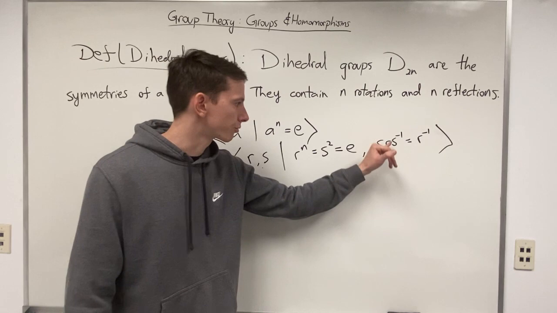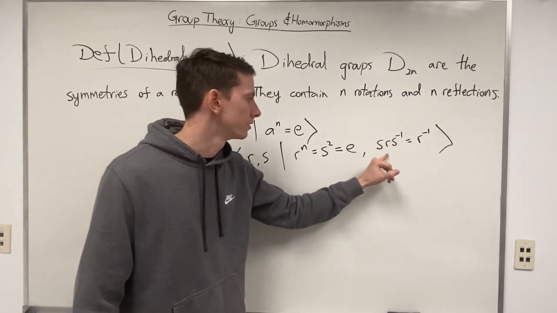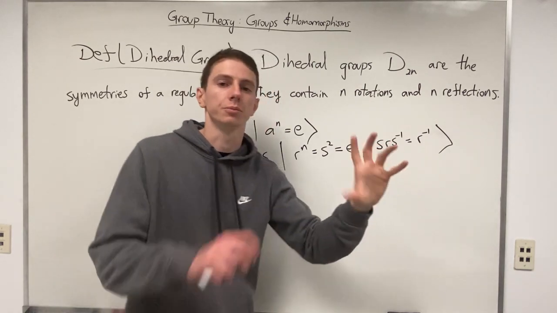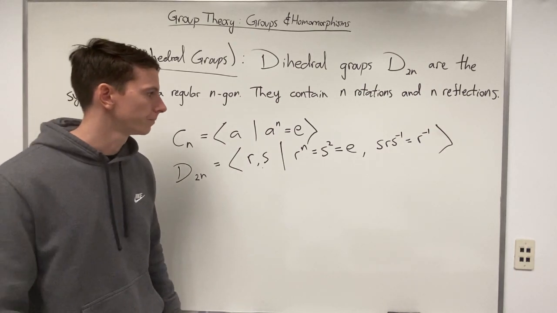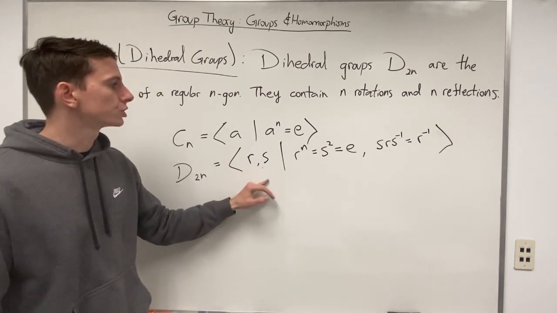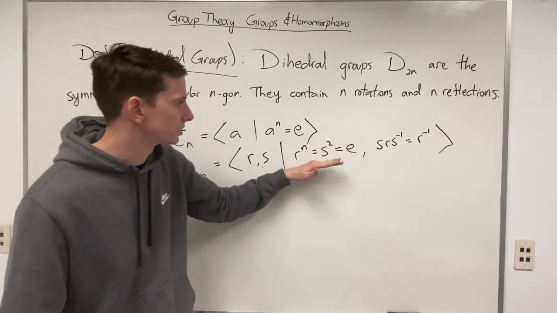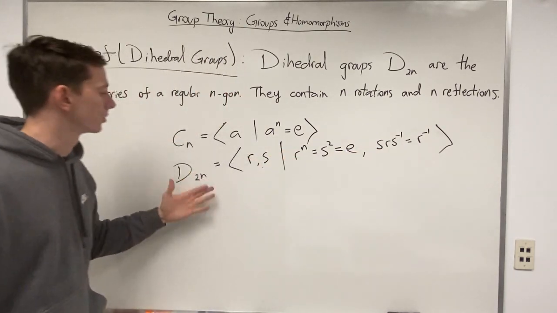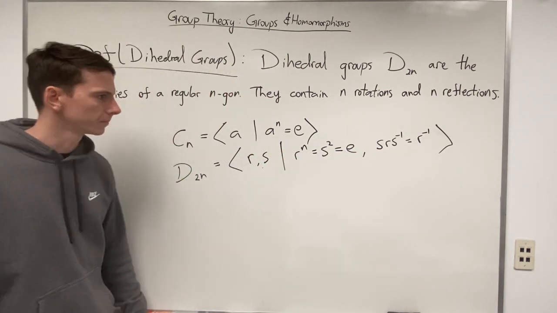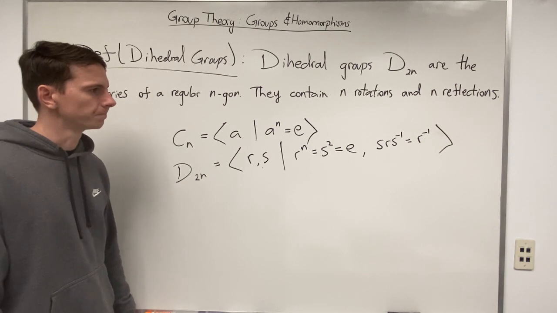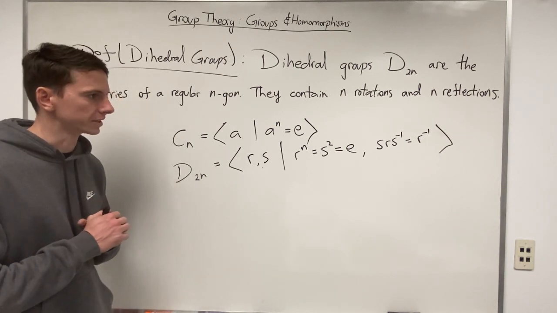So this product of three different transformations is equivalent to just applying the inverse rotation. And if you have a set of elements where both of these conditions are satisfied, then you're going to have the dihedral group. Okay. So again, hopefully this makes sense.